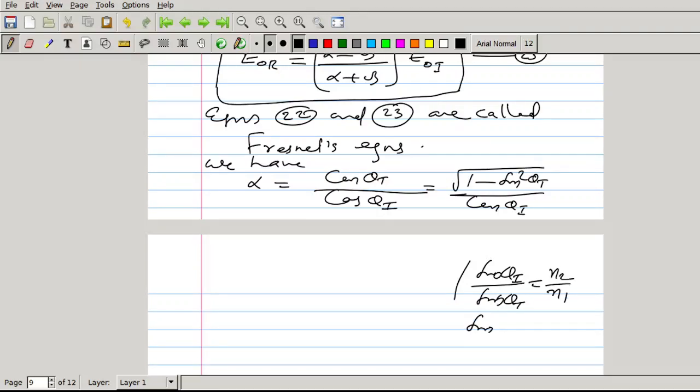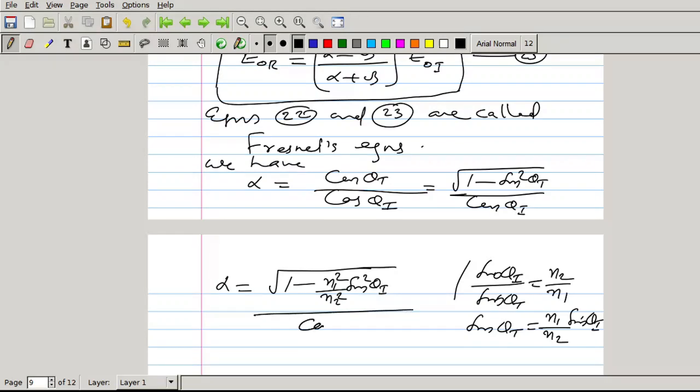So sin theta t equal to n1 by n2 sin theta I. So in this equation we can write alpha equal to root of 1 minus n1 square by n2 square sin square theta I by cos theta I. This is equation 24.